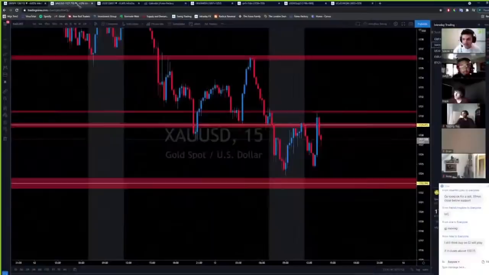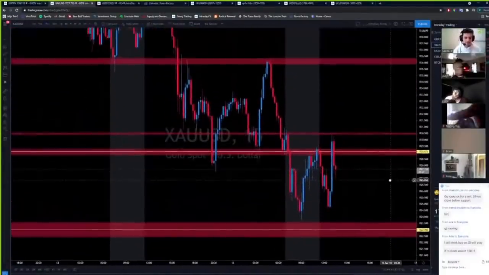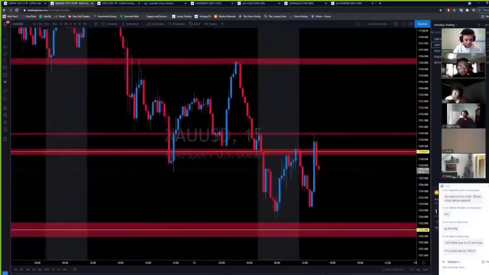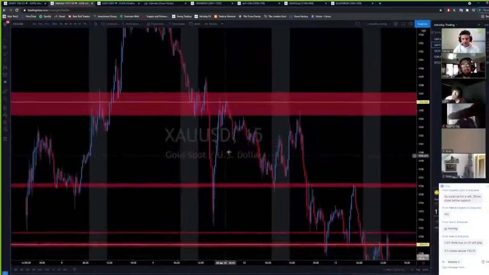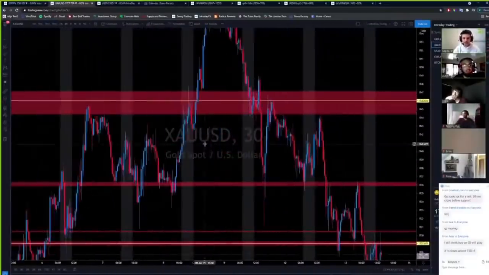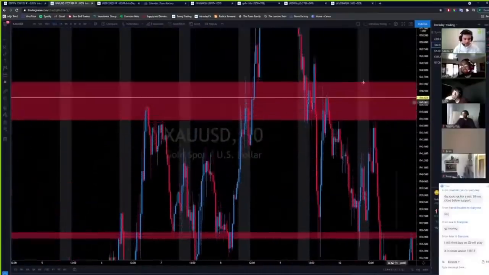Gold buys. I think I broke my plan last week, and it actually paid out. Didn't we take those buys or those sells on Friday? On Friday, I was looking for gold buys. Yes, and then it flipped, and we took those sells. Yeah.